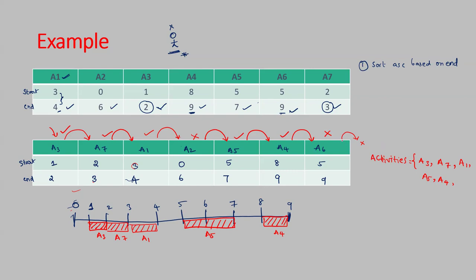So if you observe this one, let us go for the algorithm of this one. So I am taking the algorithm. Okay. This algorithm name is activity selection problem.